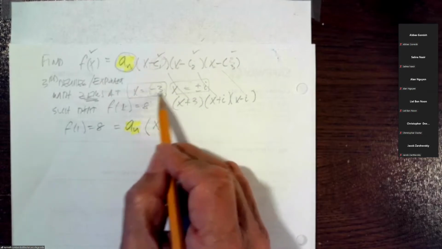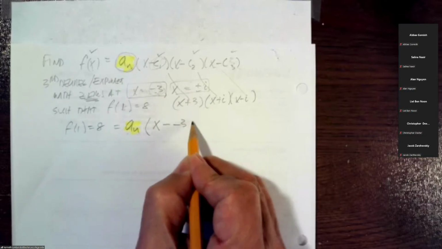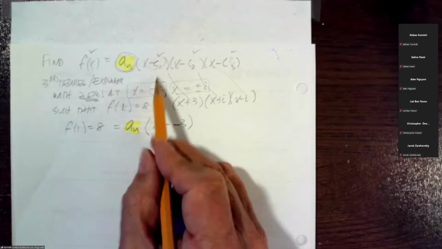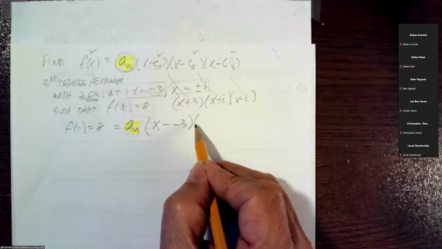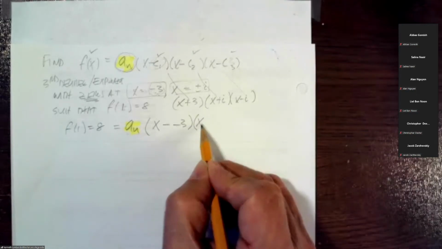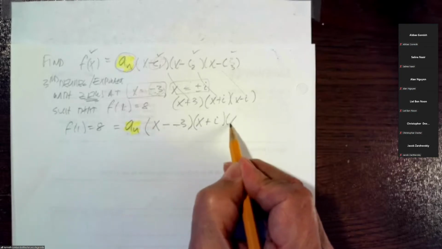If the c value is -3, then we're going to say x minus -3. That would be the factor. Here's the solution, here's the factor. And here we have x, and let's say plus i and x minus i.